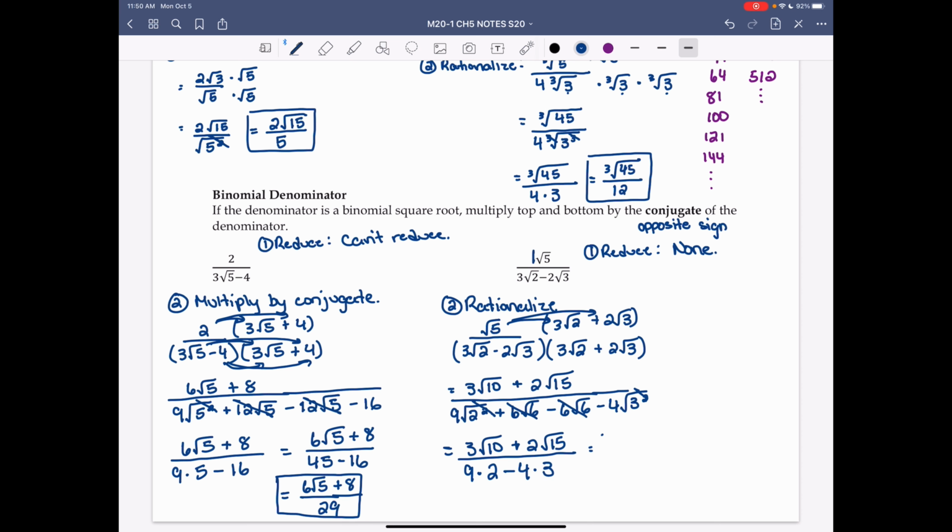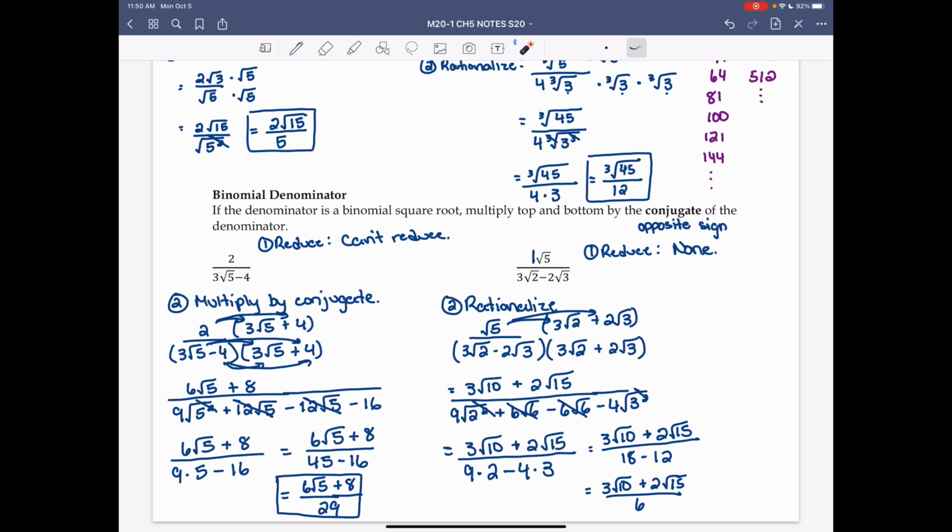We get 3 root 10 plus 2 root 15 over 18 minus 12. 3 root 10 plus 2 root 15 over 6.